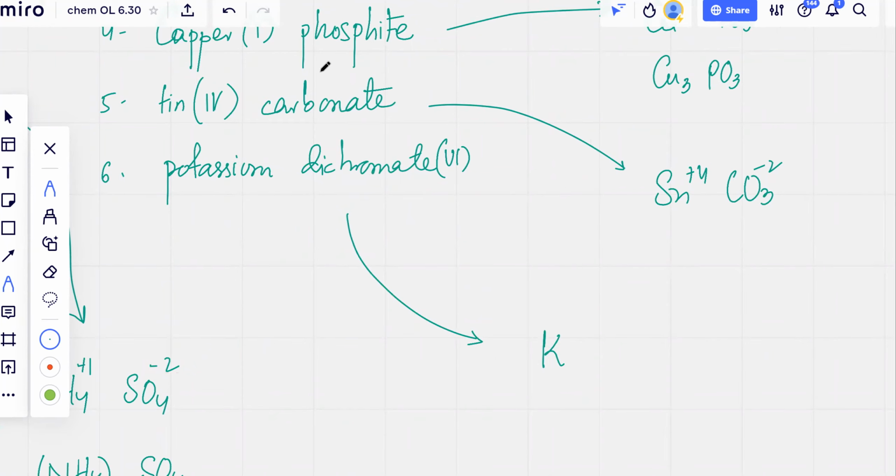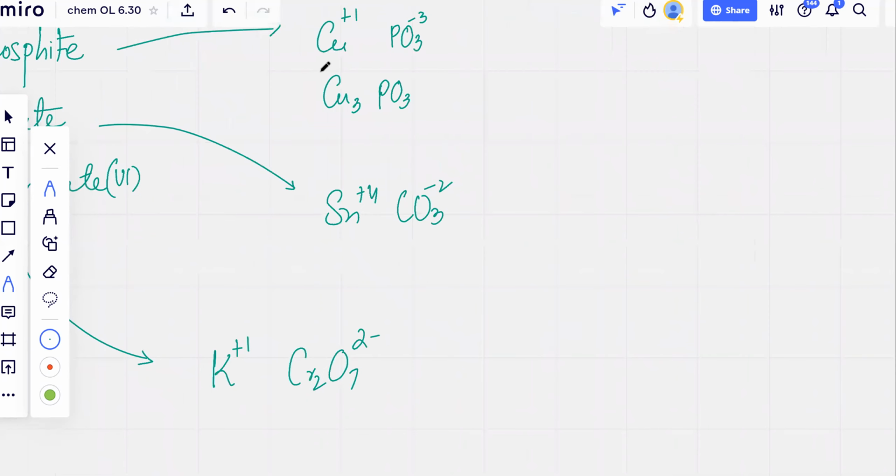Potassium is K, it's in group 1, it's plus 1. Dichromate 6 is Cr2O7 2 minus. Actually, this one first. What would be the formula of this? Sn2, bracket CO3 bracket, 4.